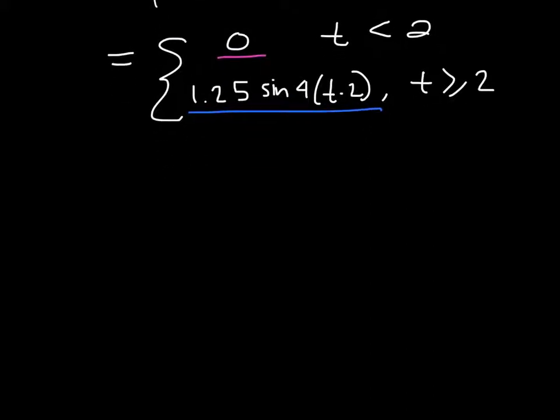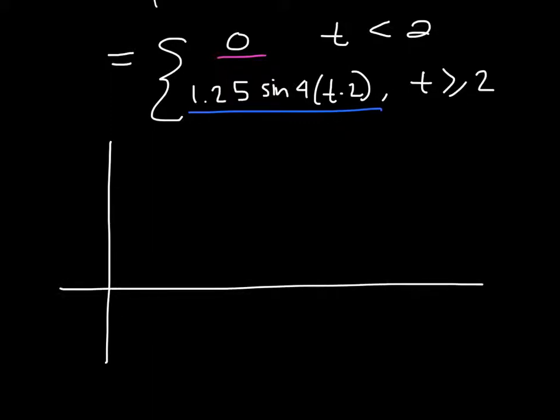So, a quick sketch, and again, you're more than welcome to use your calculator. From 0 to 2, here is 2. This is just a nice review of trig. We know what the sine function looks like.